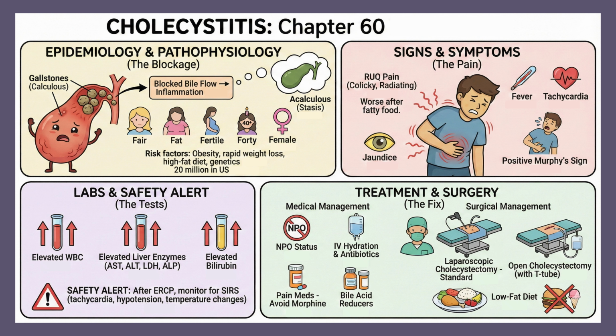A positive Murphy's sign, elicited by pain on deep inspiration during right upper quadrant palpation, is a characteristic finding. Jaundice may also be present due to impaired bile flow. Diagnosis can be challenging due to non-specific symptoms, particularly in older adults and patients with diabetes.